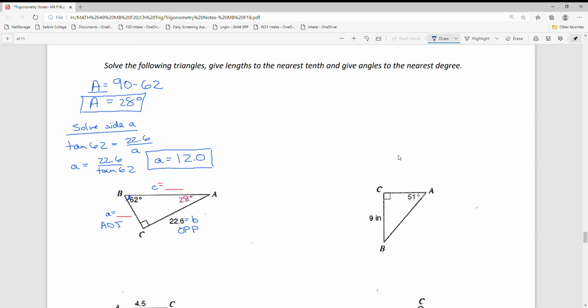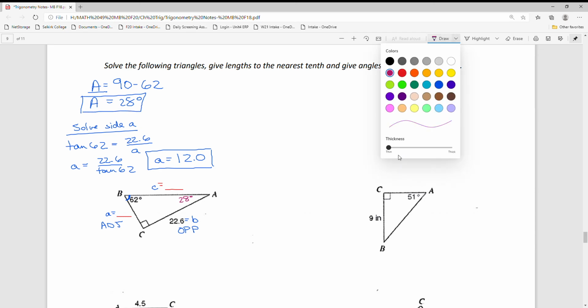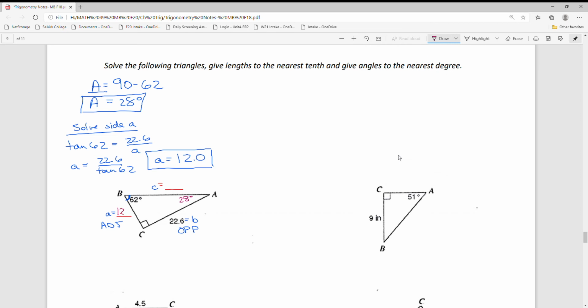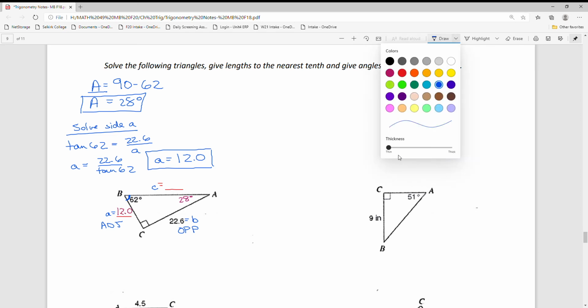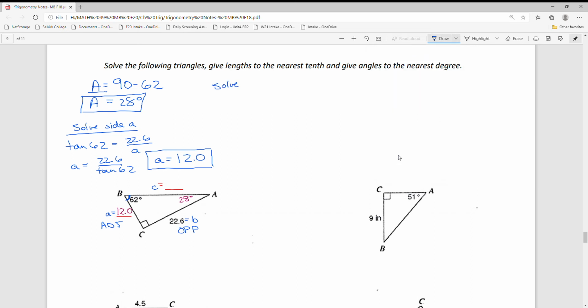So if you like, you can put it on the diagram if that helps you make sure that you're getting every piece of information solved for. The last piece of information to solve for here would be the hypotenuse, would be C. So solving for side C, I would use Pythagorean theorem. So I have this newly figured out 12 squared plus the 22.6 squared equaling C squared, right? That's fitting it into the Pythagorean theorem.